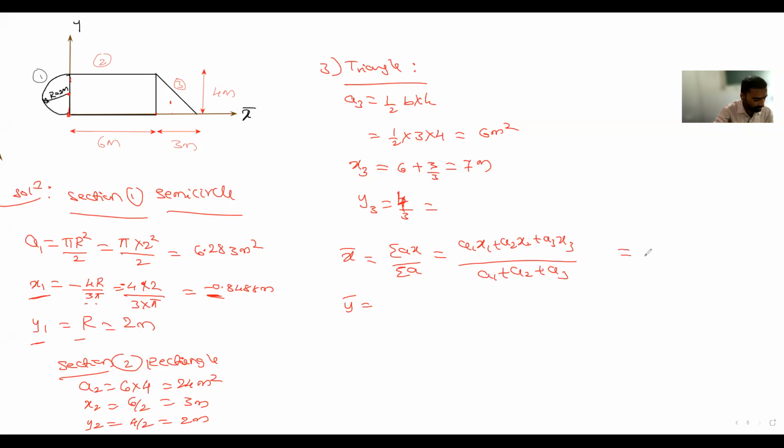So its answer will be directly 2.995 meter for x bar, and y bar will be summation of a y divided by summation of a, which is equal to 1.89. Okay, these are the answers. Just take the screenshot. You can calculate these two answers at home. Remaining things we will calculate.